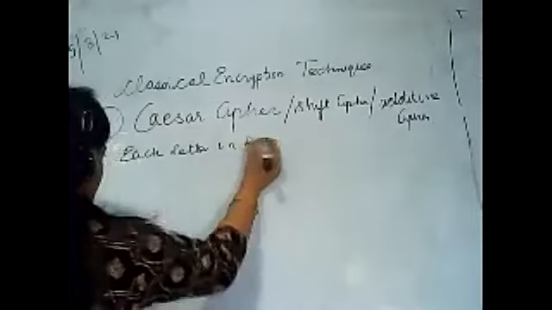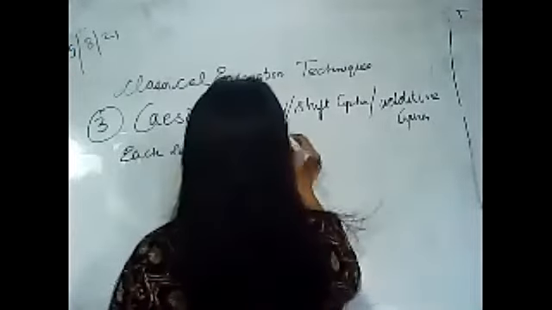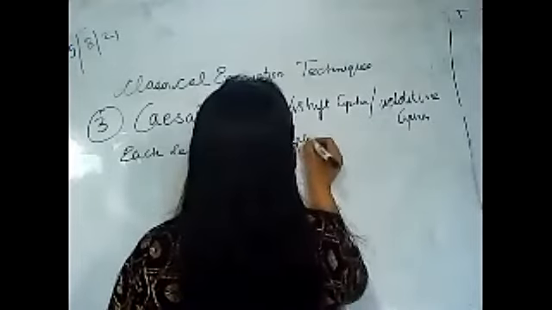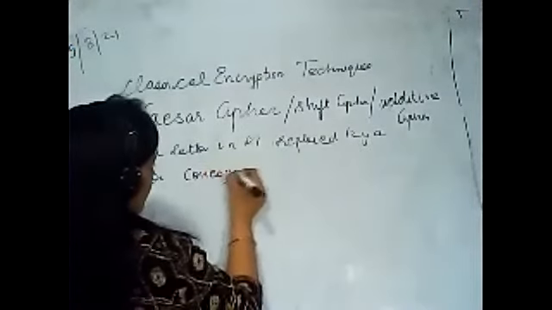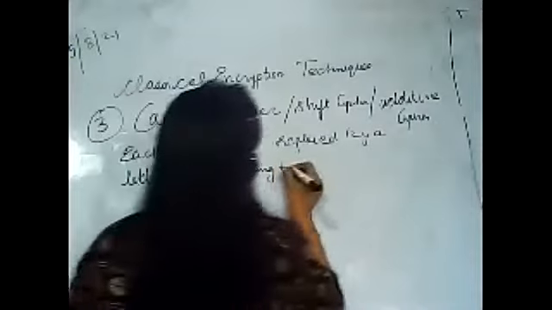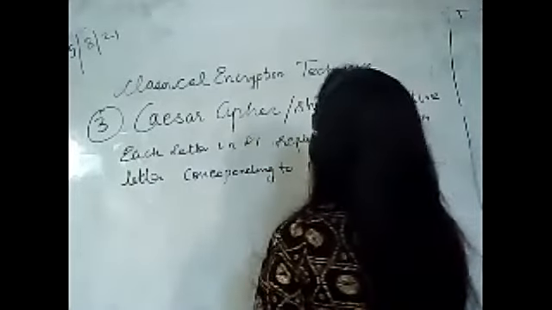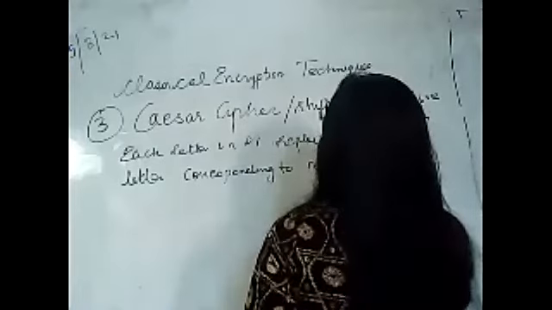So here, what will happen is that each letter in the plain text is replaced by a letter corresponding to the number of shifts, the number of shifts that you are mentioning.